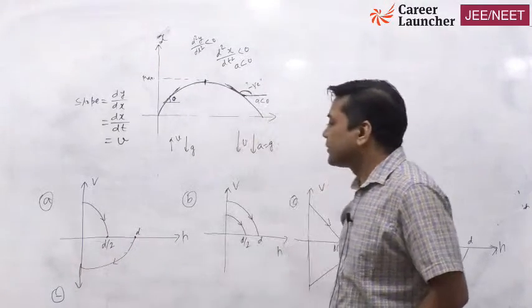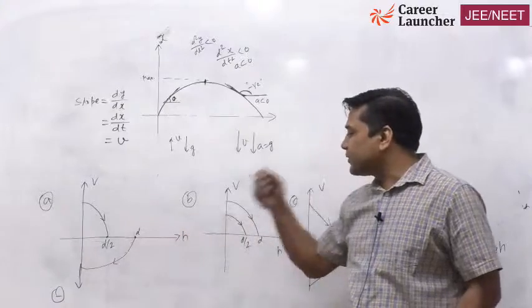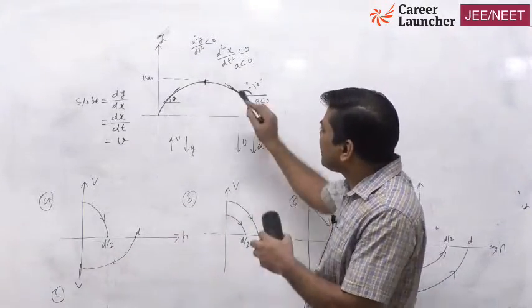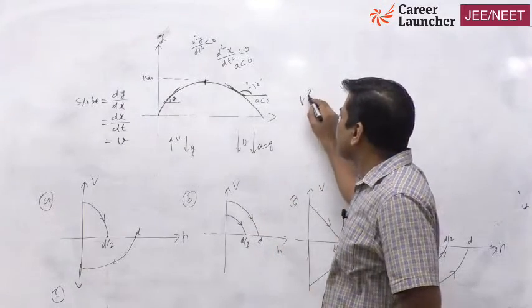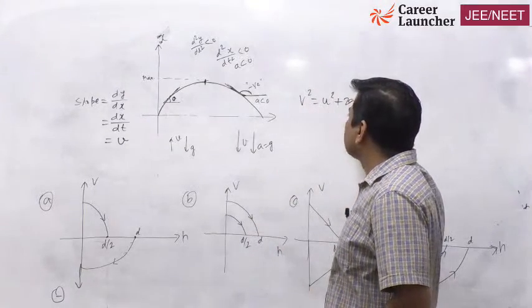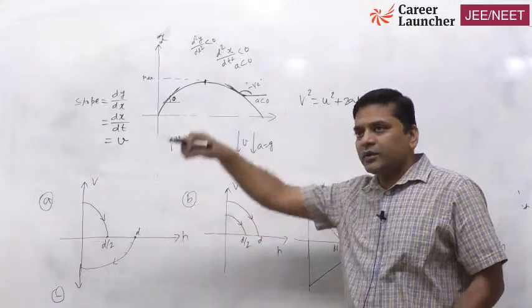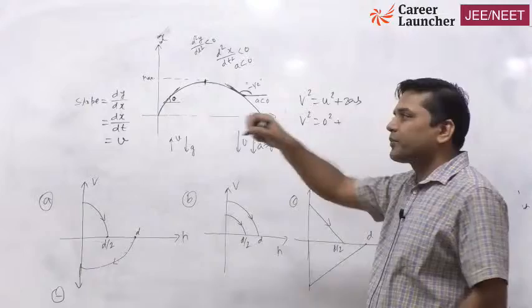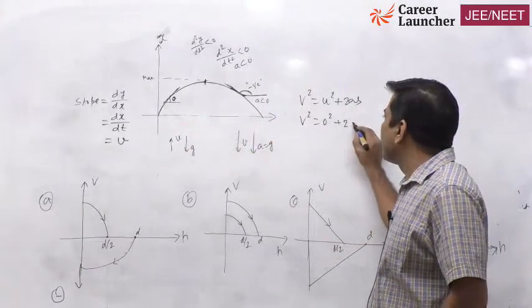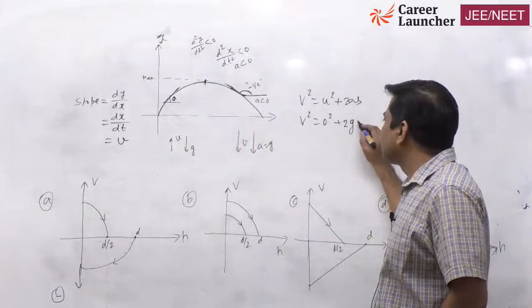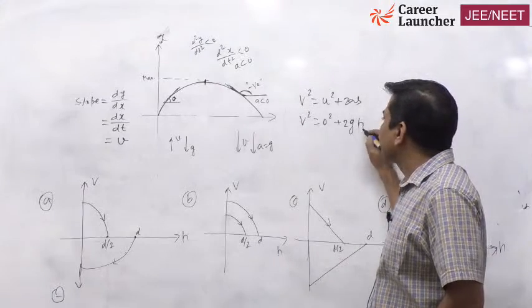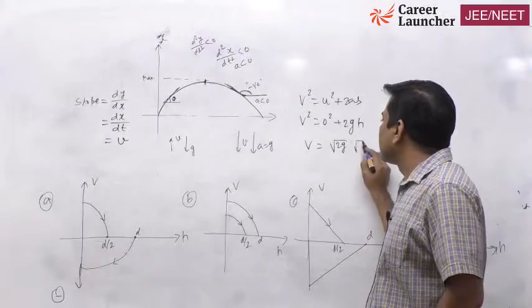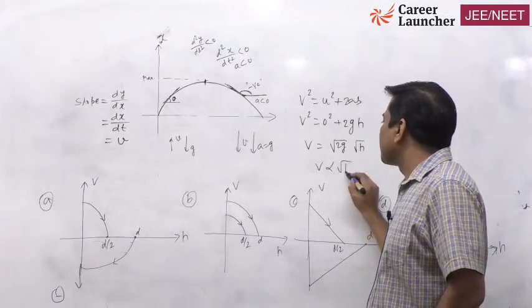It need not be a straight line. As you know, between v and h, what is the equation? Even if you cannot recall it, there is another way: v square equals u square plus 2as. When you drop the student from height d, initial velocity is 0, so v square equals 2g into h. So v is root 2g into root h, so v is proportional to root h.